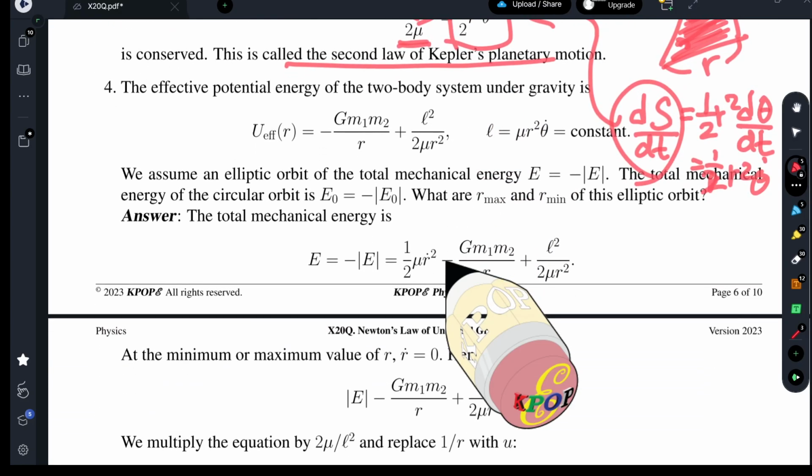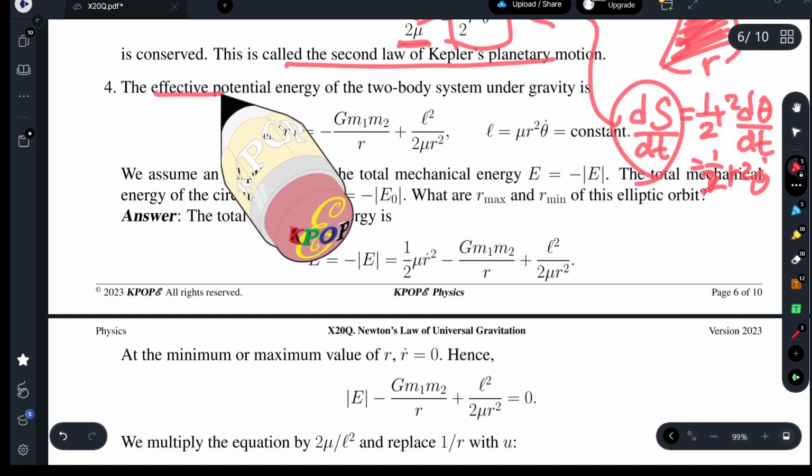Okay, why don't we consider the fact that the gravitational force is a conservative force? If the force is conservative, then our total mechanical energy, that is the sum of the kinetic energy and the potential energy, is always conserved. Conserved means its time derivative is zero. So the total mechanical energy is a constant of motion that doesn't change at all as time goes by.